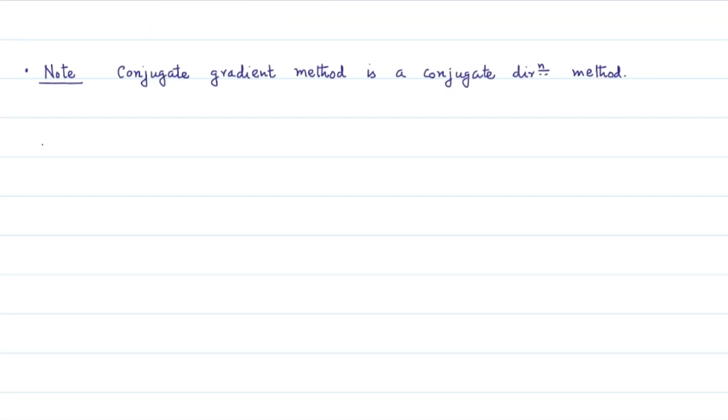Now, so far we have been describing conjugate gradient or conjugate direction methods for quadratic functions. Now we shall move forward to the conjugate gradient method for non-quadratic functions. Before that, let me give an example of the conjugate gradient method applied to a quadratic function of, let's suppose, three variables.